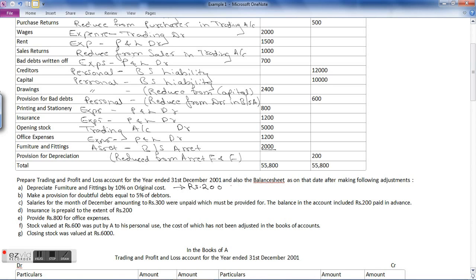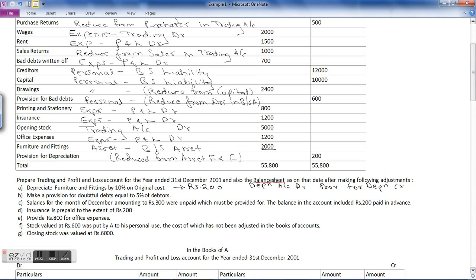So what will be the entry for depreciation? Depreciation account debit to provision for depreciation. Instead of crediting furniture and fixtures, we'll credit provision for depreciation, since the provision for depreciation account is created. So depreciation account debit and provision for depreciation will be credited.